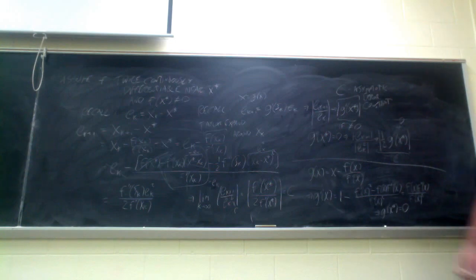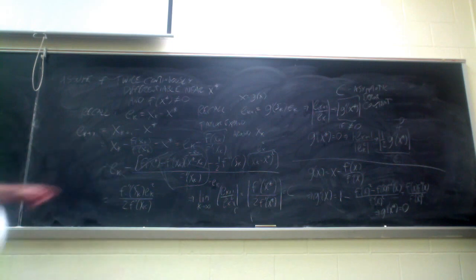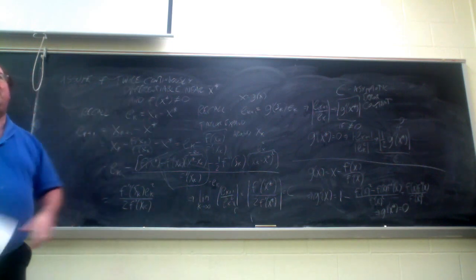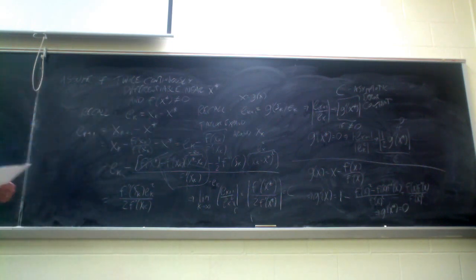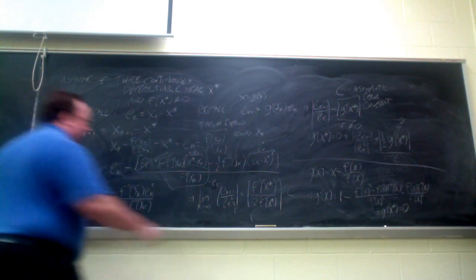I don't need these pages anymore. But all of this was contingent on f prime of x star not being 0. So now it's informative to see what happens if that doesn't hold.